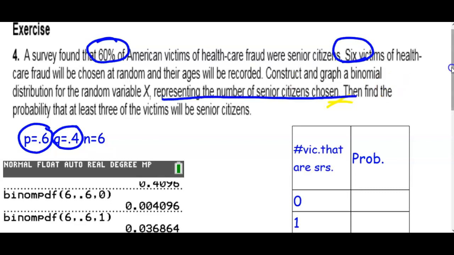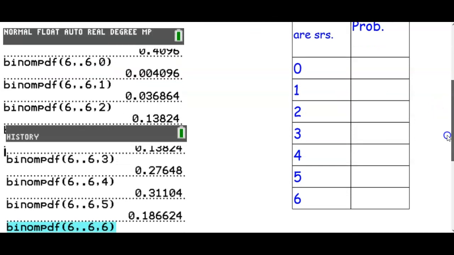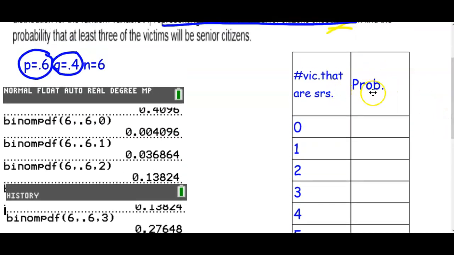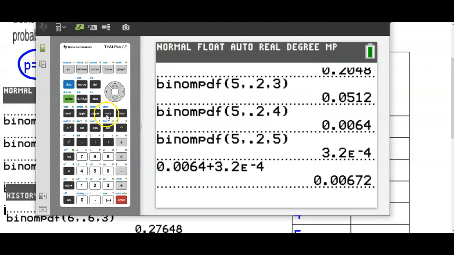To make time go faster, I made up a little chart and put it in the question already. So this is the number of victims that were senior citizens, and it could range from 0 to 6, and then the probability. If I went back here one more time just to show you, and then I'll just use the numbers I have on this screen.